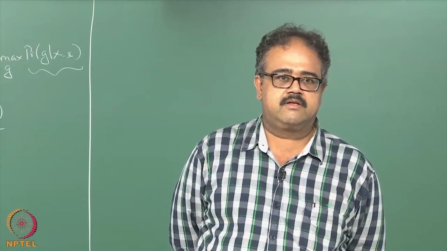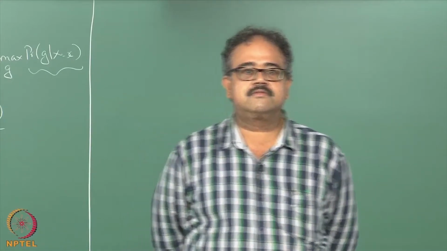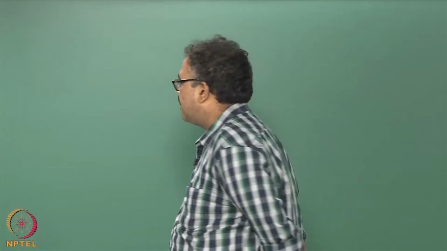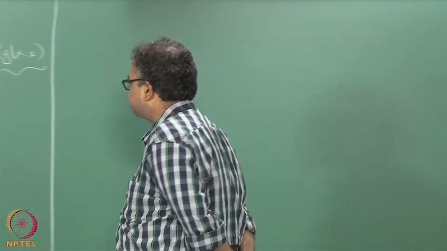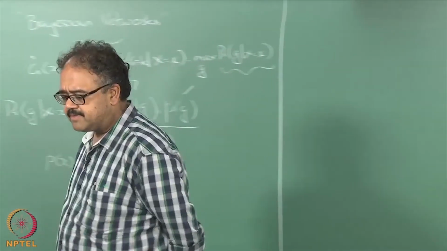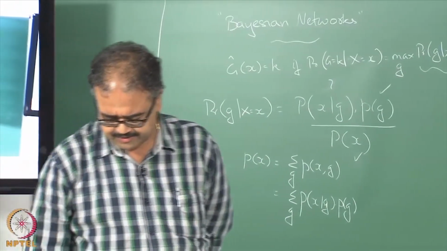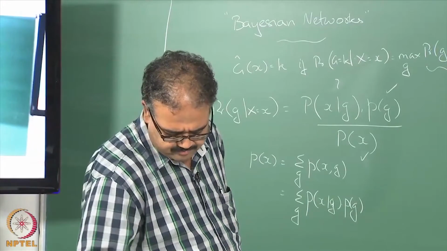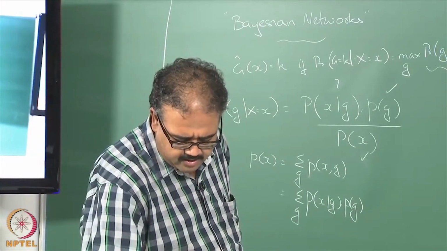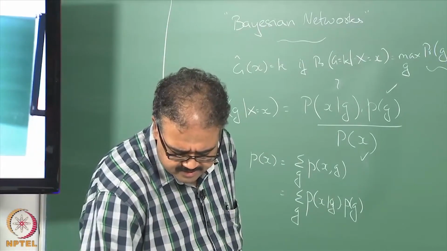Easy enough. Given one class, find the distribution. Take each class and find the distribution of data points given that class. See, the main problem that will happen in this case is that you will run into sparsity issues.